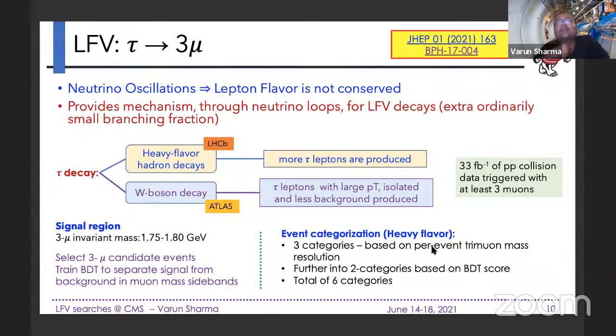We'll see if a dedicated trigger can be included, because right now a combination of triggers is being used. There are discussions ongoing on whether a dedicated trigger can be included for this particular analysis. Okay, thanks. Yeah, because the menu is not yet final for Run 3, the planning is on the way.